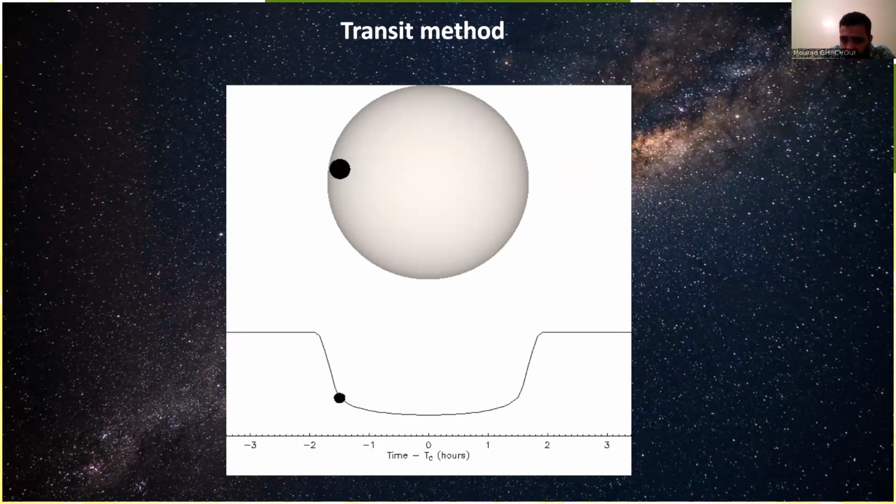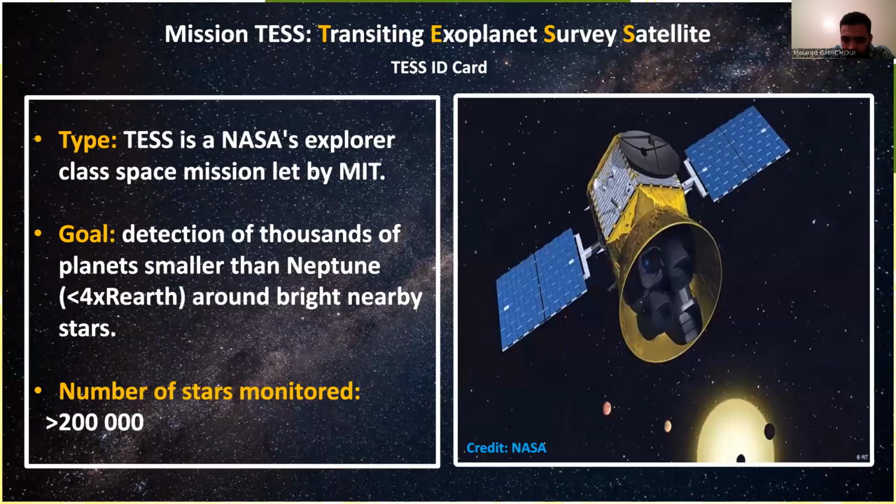If this drop has a very determined depth, and if it occurs periodically, we will conclude that we have a planet in orbit around this star. And the orbital period of the planet is the same as the period of that signal.